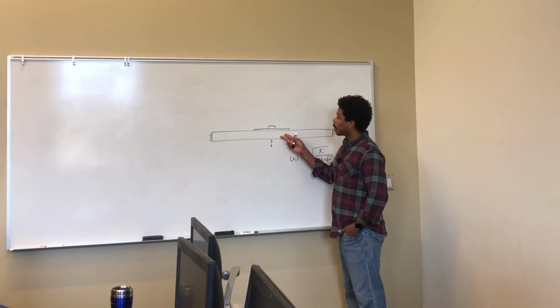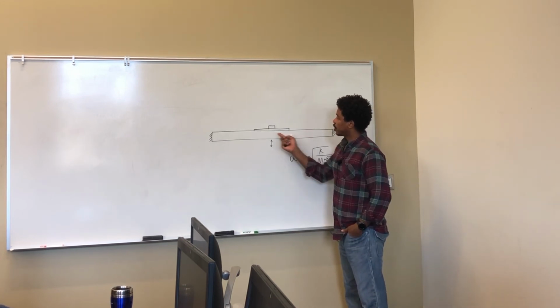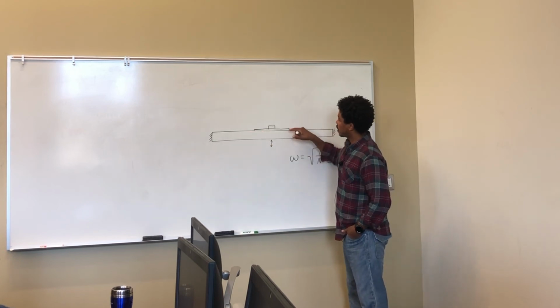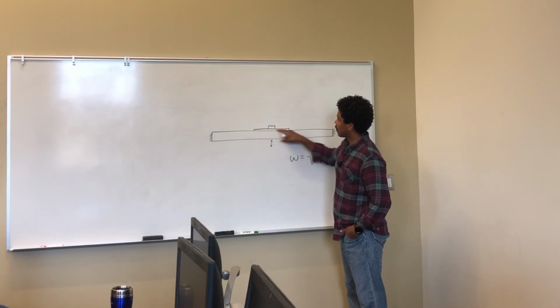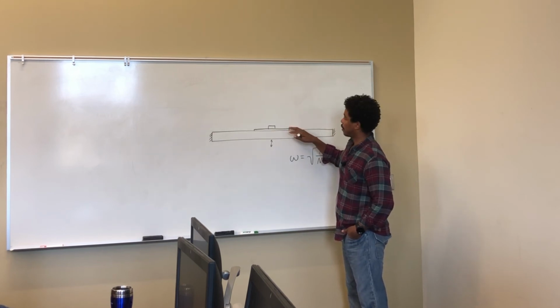Well, the thing with COMSOL when you're trying to mesh is this is a huge area to mesh, and this is a very small area to mesh. So what COMSOL will likely do is divide this up into many more elements than down here. And sometimes that's not really a good idea, especially if this film is extremely thin.